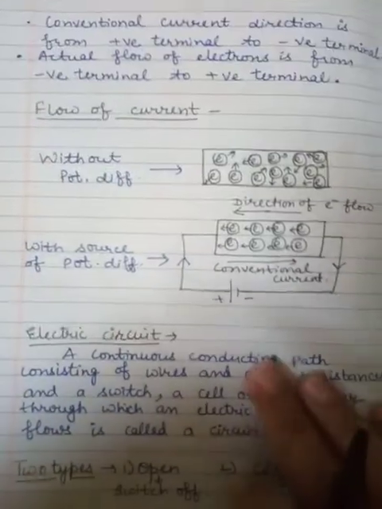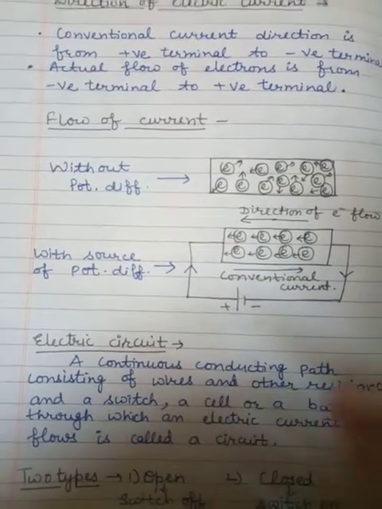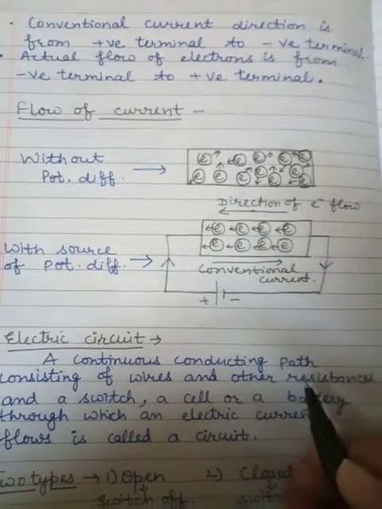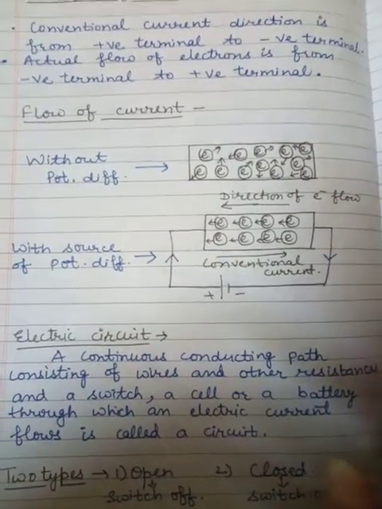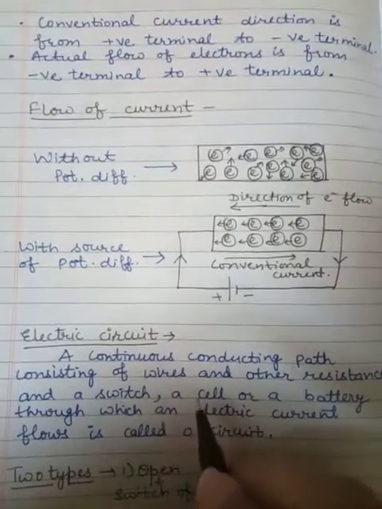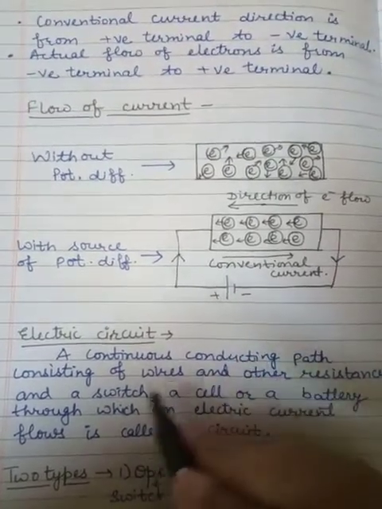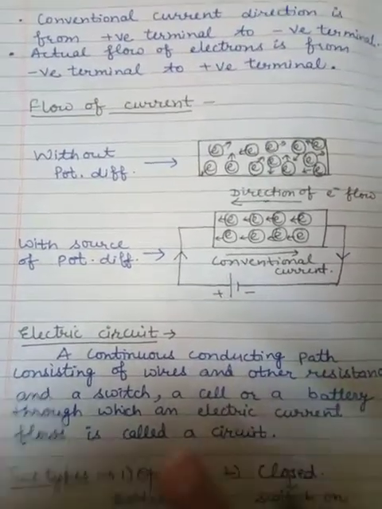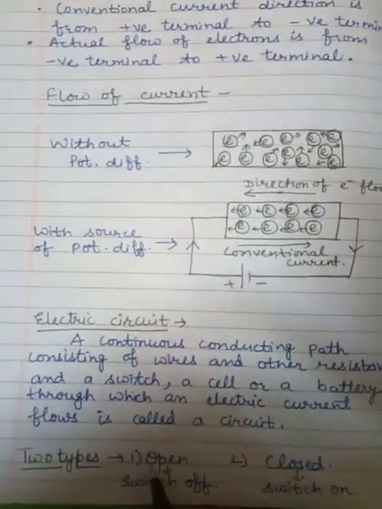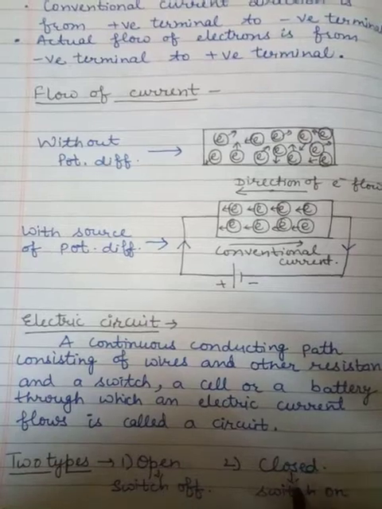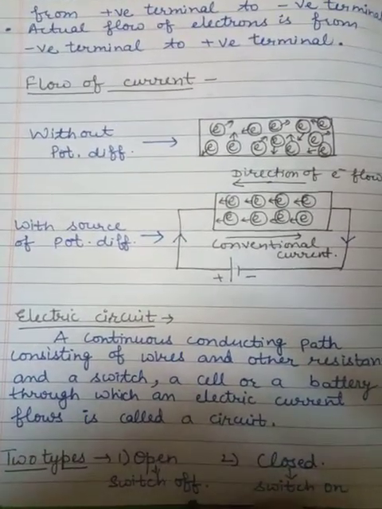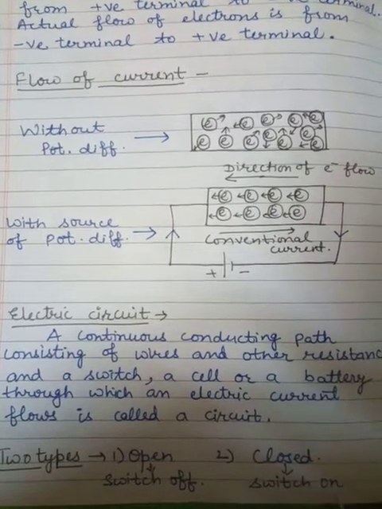These resistances can include a bulb or any electric appliance. This continuous conducting path is called the electric circuit. This electric circuit is of two types: open circuit and closed circuit. Open circuit means when the switch is off, and closed circuit means when the switch is on.